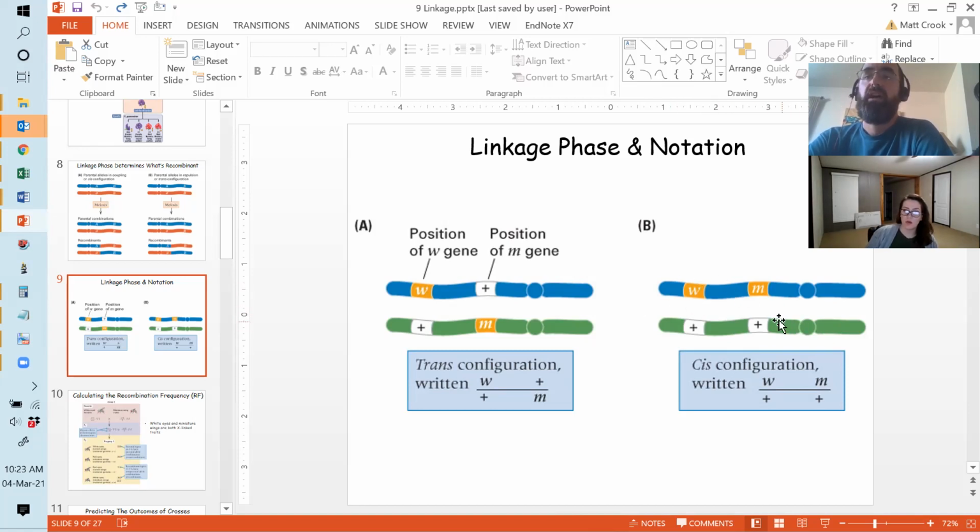But if they are heterozygous, then both dominant alleles are on one chromosome, both recessive alleles are on the other chromosome. That's what cis linkage tells you. Trans linkage means we have a recessive and a dominant on one chromosome, and then the opposite on the other chromosome.